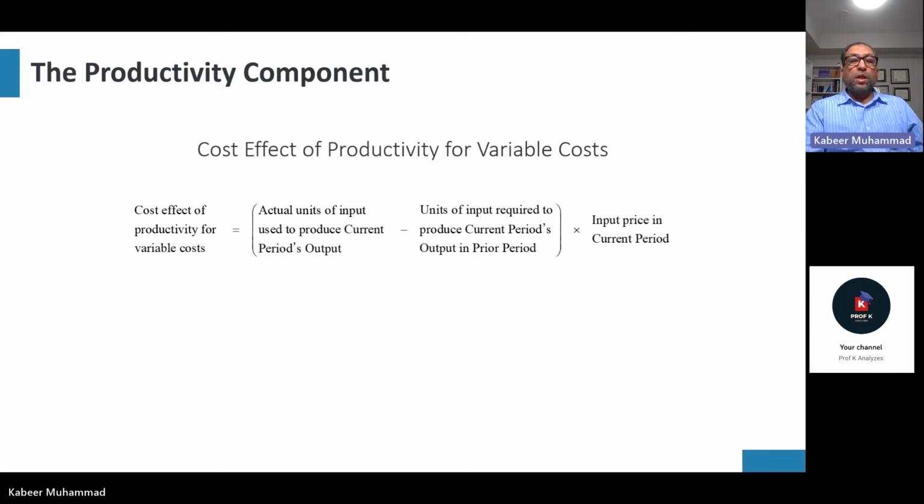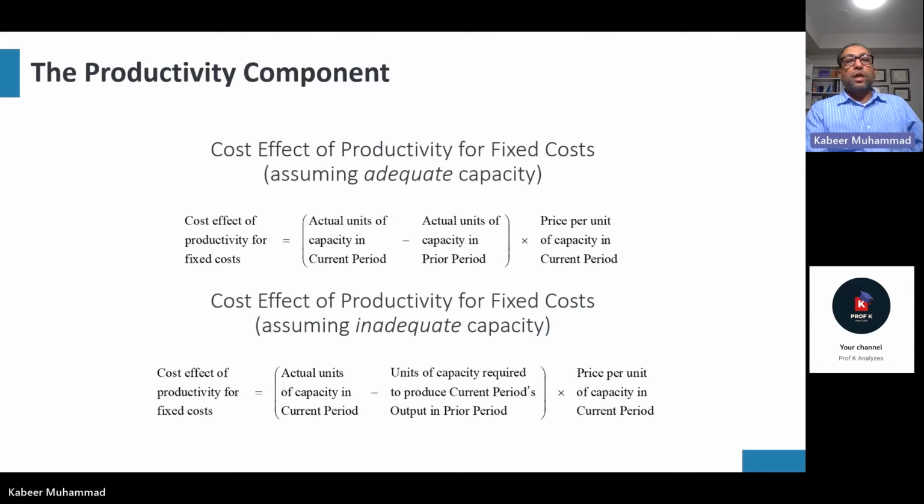So this way we can calculate the cost effect of productivity for variable cost, and then the cost effects of productivity for fixed cost assuming adequate capacity and assuming inadequate capacity.